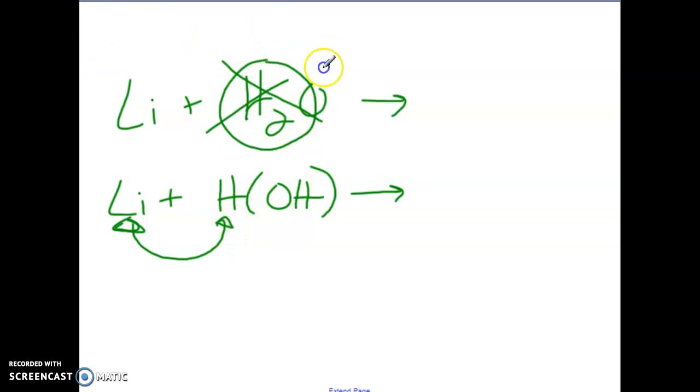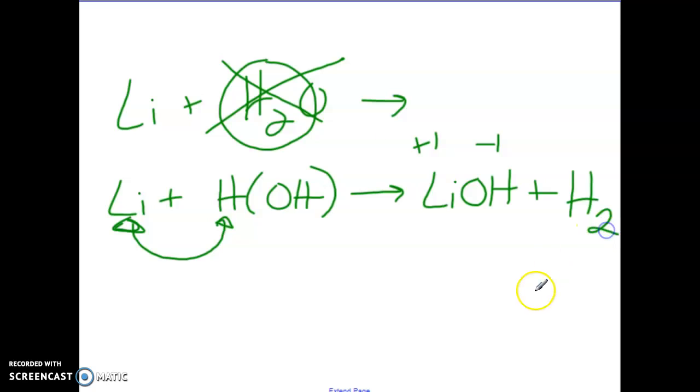It doesn't swap out with H2 because when water splits, it splits up into H and OH. It's kind of unique in that way. So when this swaps, we get lithium hydroxide. It's +1, -1, so it's balanced, plus H2, because this is another one of our Hofbrinkel elements.